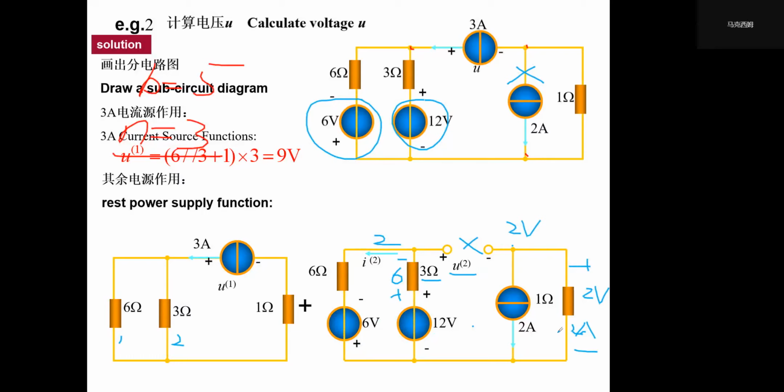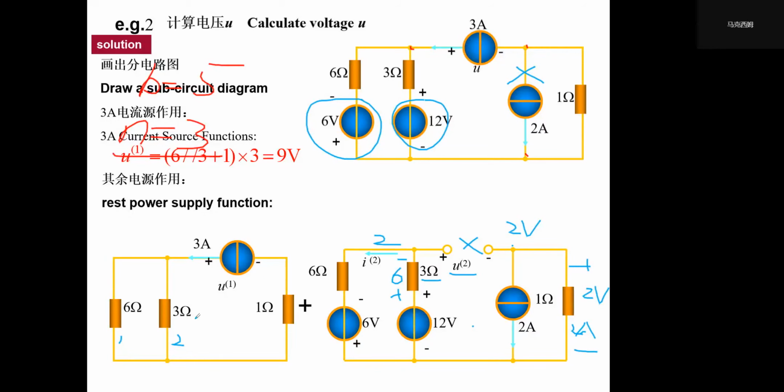And the first one is very simple, you see. We know that it's a 3 ampere current source. And this branch is 6 ohm, this branch is 3 ohm. So definitely this one and this one is 1 ampere running.